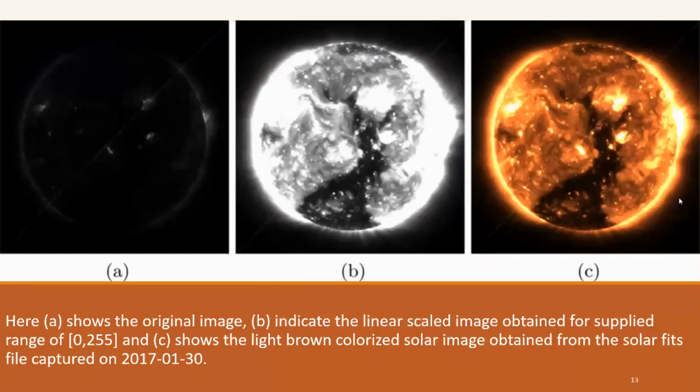So this is what it actually looks like. This is the original solar image. To plot it on a system, I have used MATLAB, which means matrix laboratory, and the image we deal with is nothing but an arrangement of a matrix with certain intensity levels.